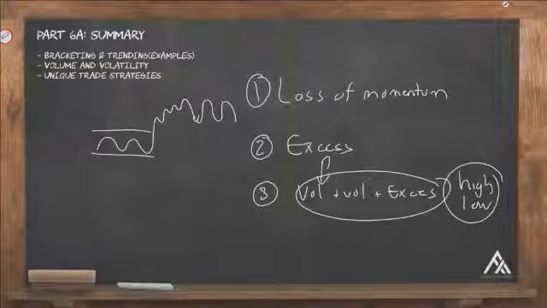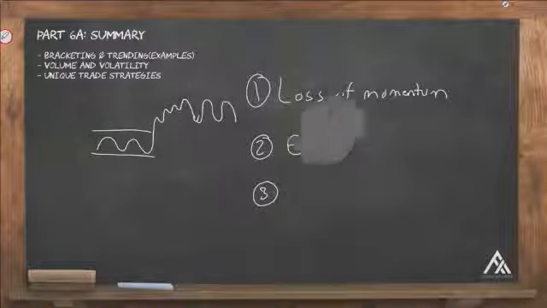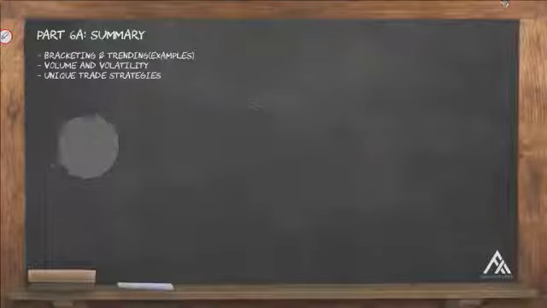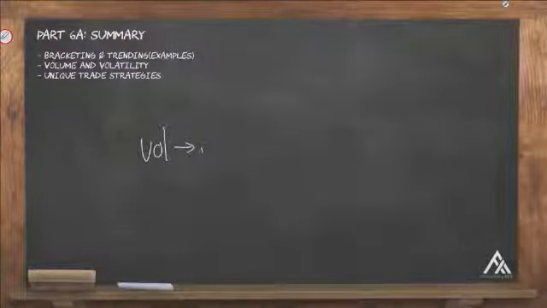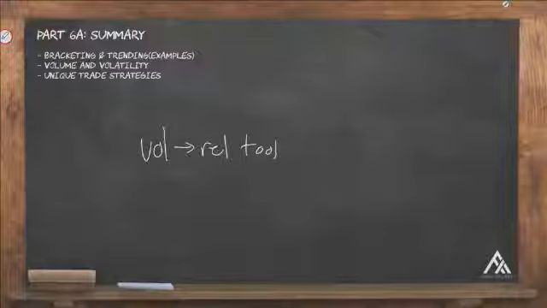We then moved on and we discussed the idea of volume and volatility. And there were some very key points to look at in terms of volume and volatility. The key takeaway is, remember, volume is a relative tool. It allows us to measure the manner in which trade is being facilitated.